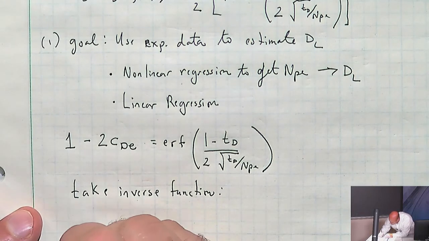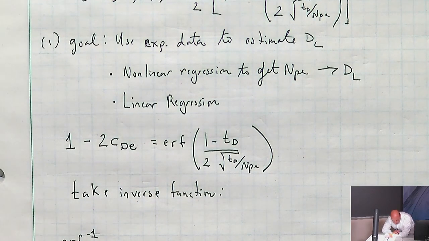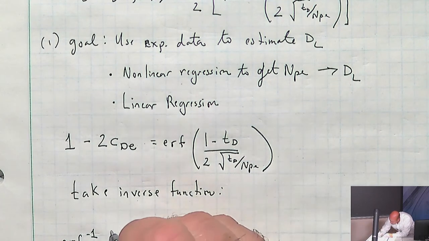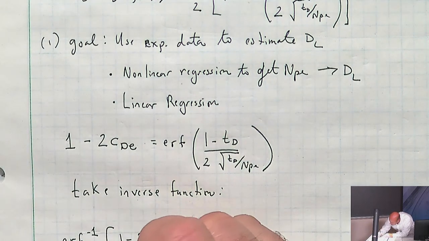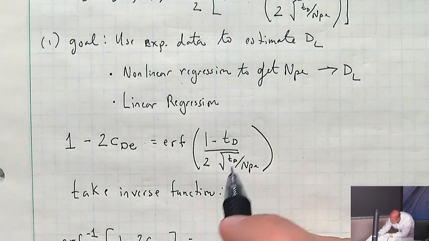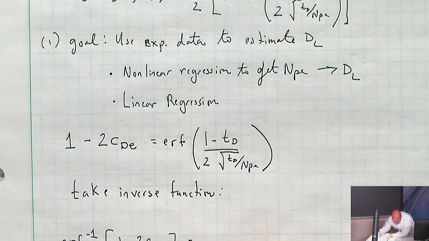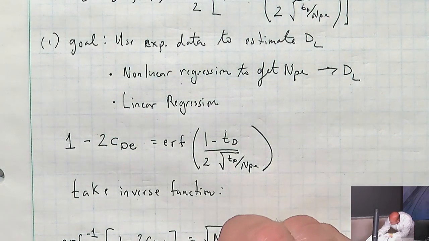And what I get is, you take the inverse function of both sides, the left side and the right side. And so then the inverse error function of 1 minus 2 CDE is equal to, well, this goes away, and I can flip up the Peclet number onto the numerator.